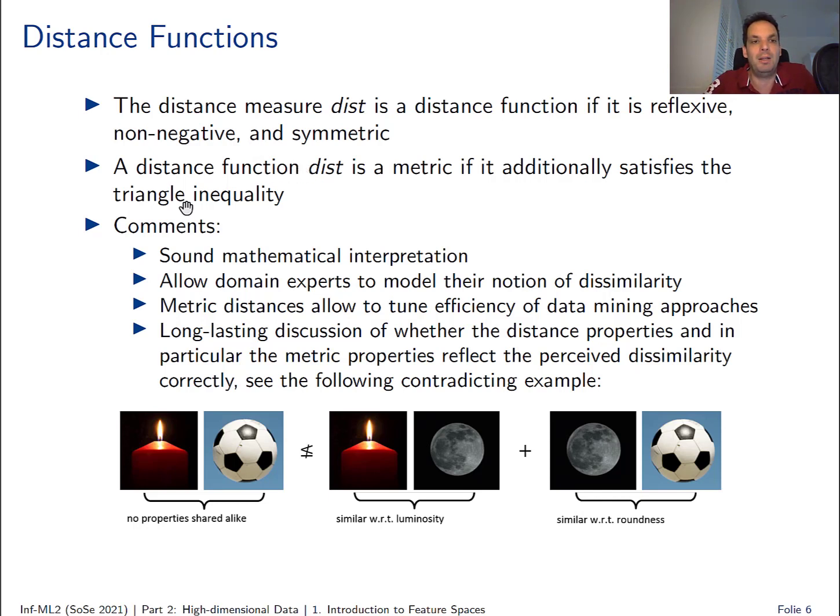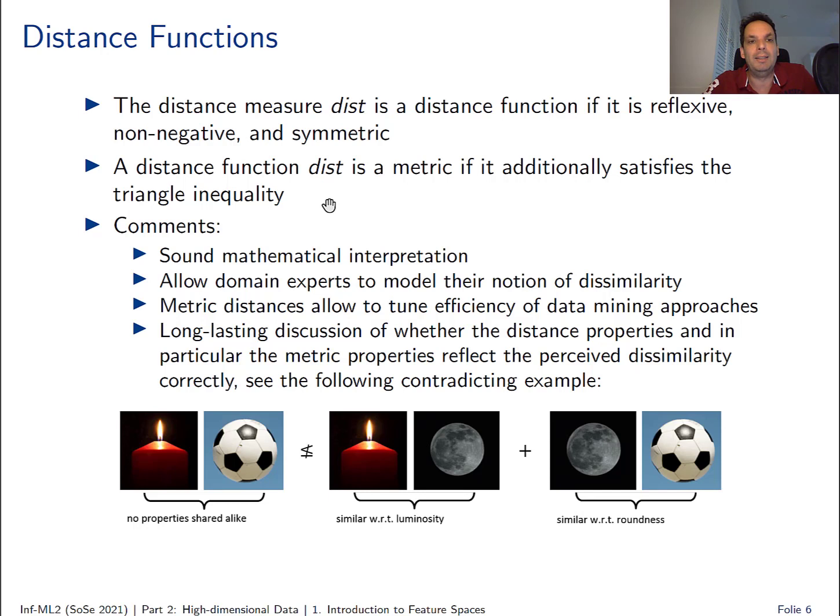Yeah, and very often people, I think I told you last week already, make a lot of ado to talk about distance metrics. Yeah, so a distance function is a metric if it's reflexive, non-negative, and symmetric. Otherwise, it wouldn't be a function, of course. But it is also a metric if it additionally satisfies the triangle inequality, which you probably know.